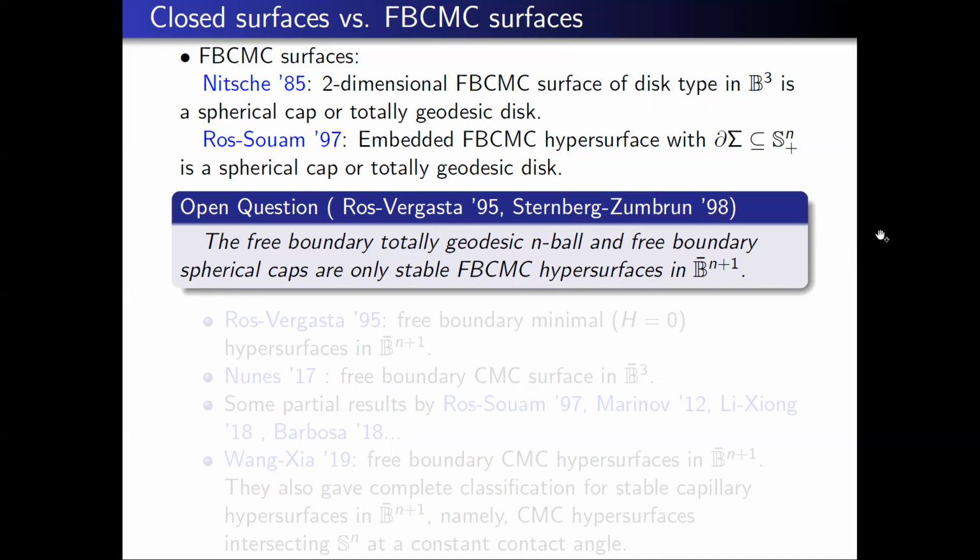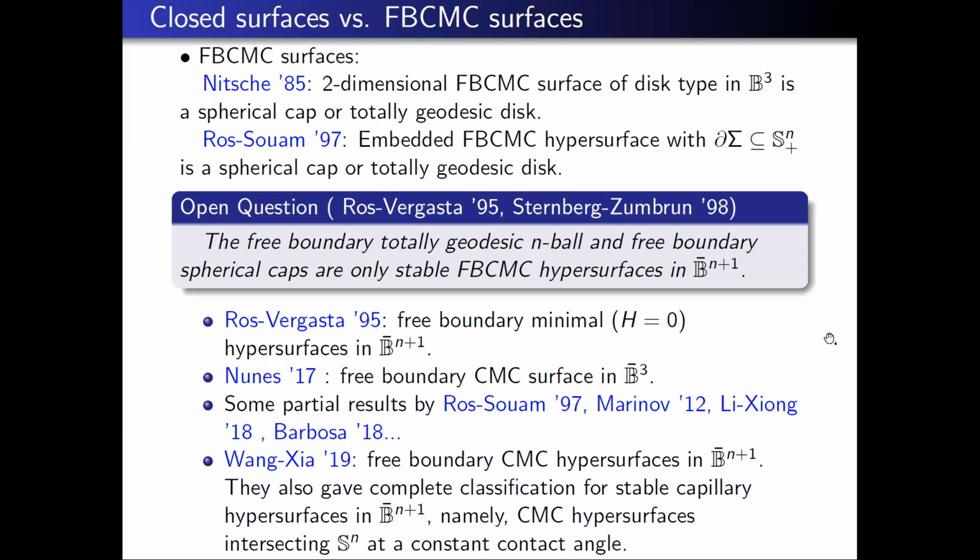The free boundary totally geodesic n-ball and the free boundary spherical caps are the only stable FBCMC hypersurfaces in a ball. This result has been proved by Ros and Vergasta in the special case when H equals 0, meaning the minimal hypersurface. And Nunes proves the two-dimensional case.